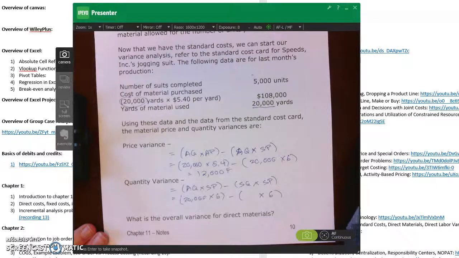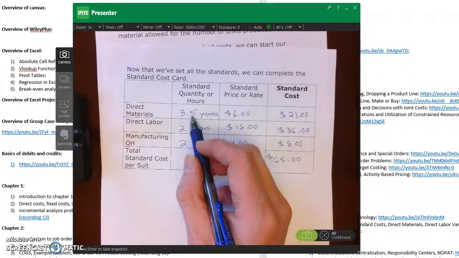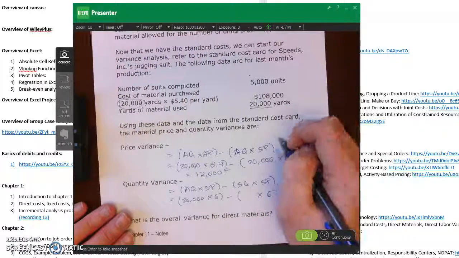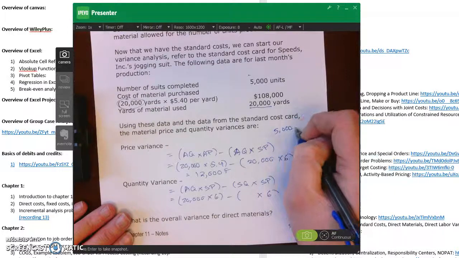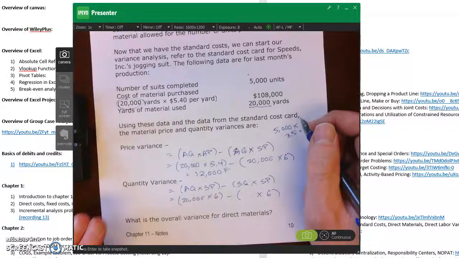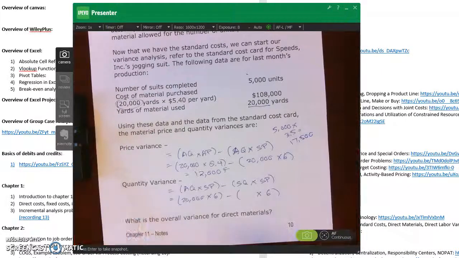And I say, well, if I made 5,000 suits, and each suit should have taken me 3.5 yards, what I can do is take that 5,000 times my 3.5, which gives me 17,500. I should have used 17,500 yards.